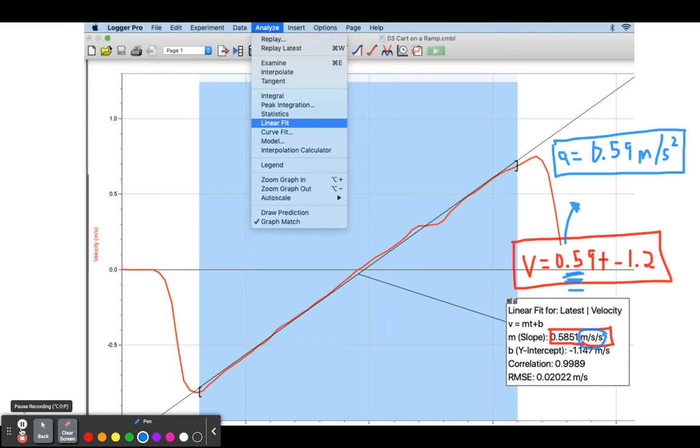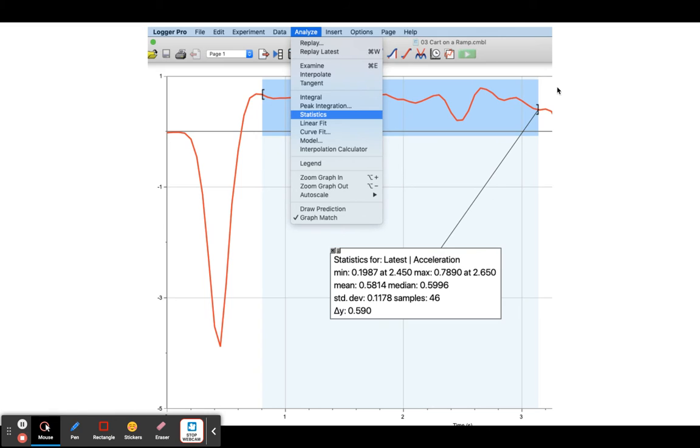So our slope is 0.59 is our slope. That slope from the previous velocity versus time function and graph should resemble the acceleration rate that you can either read from your graph or analyze using Logger Pro. This is probably the portion that you didn't get to in class.